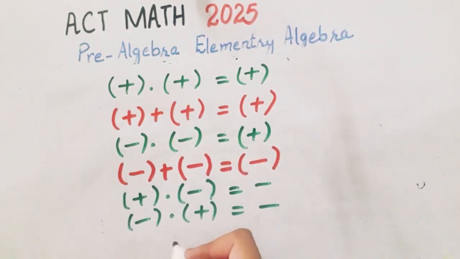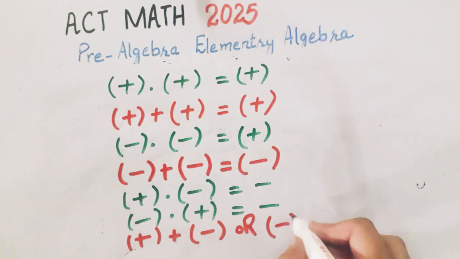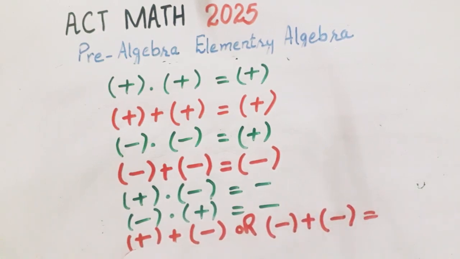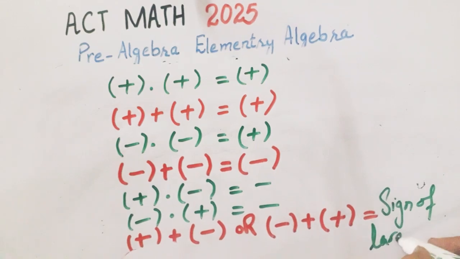And when added, if the first is negative and the second is positive, the answer is according to the sign of the larger value. So this is the important table you have to understand.